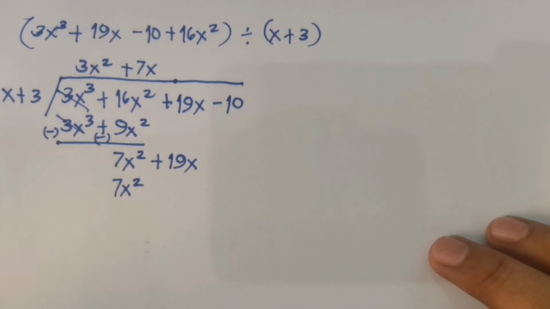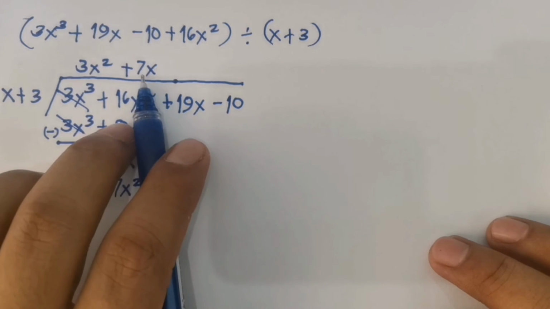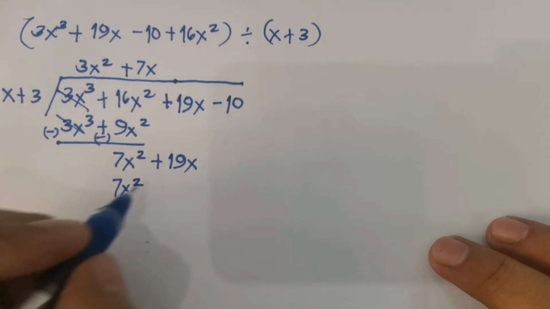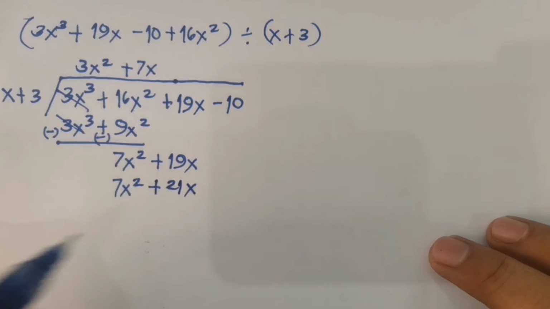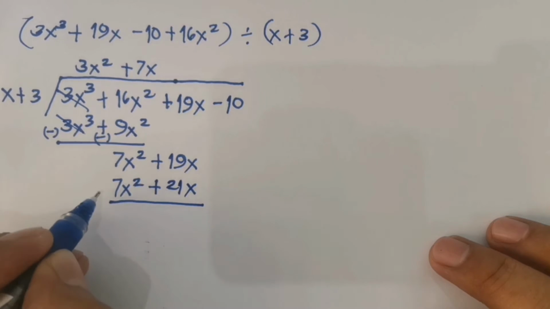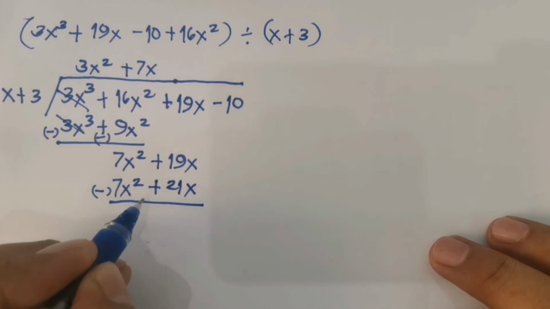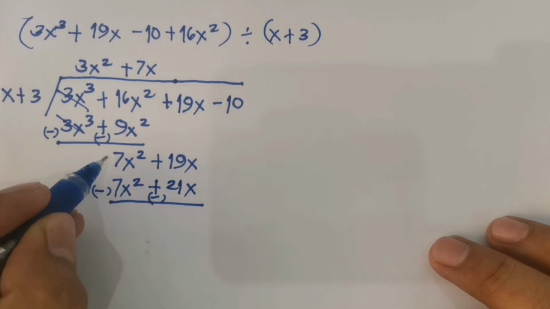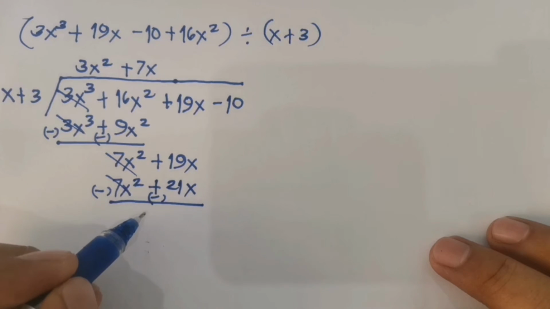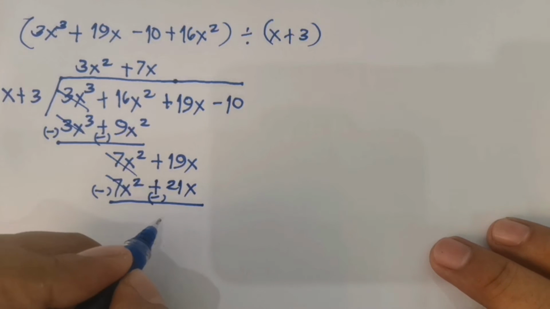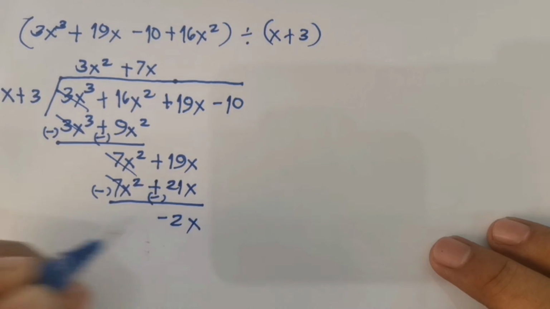So we can eliminate them. Then multiply again, 7x times the second term, that is positive 21x. Subtract, change the sign, then proceed to addition. So this will be cancelled out. 19 plus negative 21 is negative 2x.